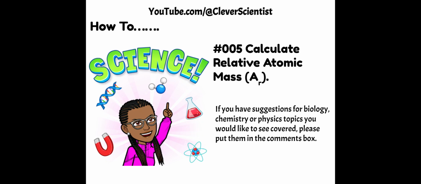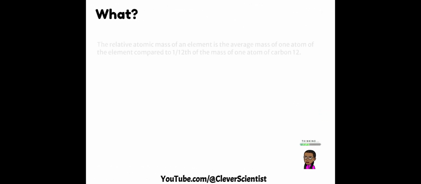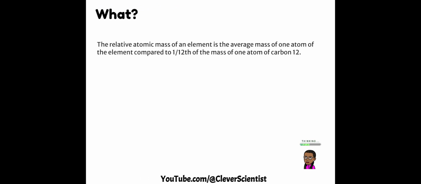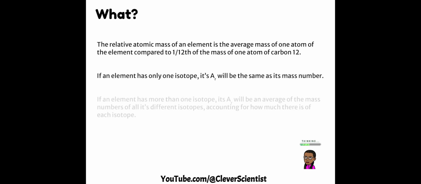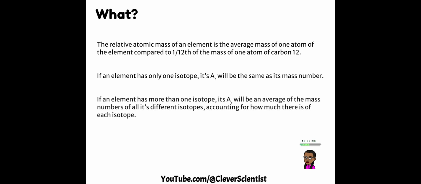Okay, so what is the relative atomic mass? The relative atomic mass of an element is the average mass of one atom of the element compared to 1/12 of the mass of one atom of carbon-12. If an element only has one isotope, its Ar will be the same as its mass number.